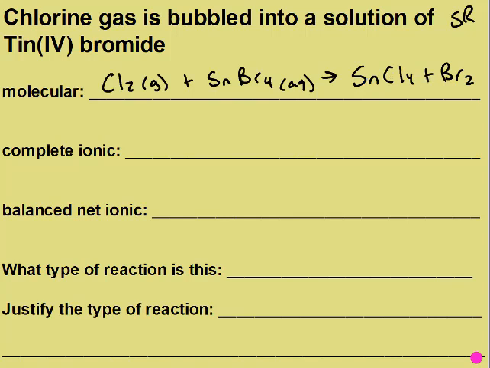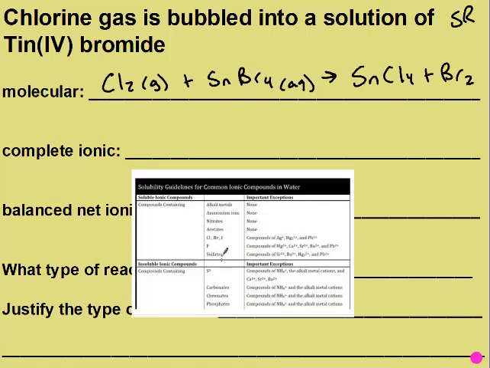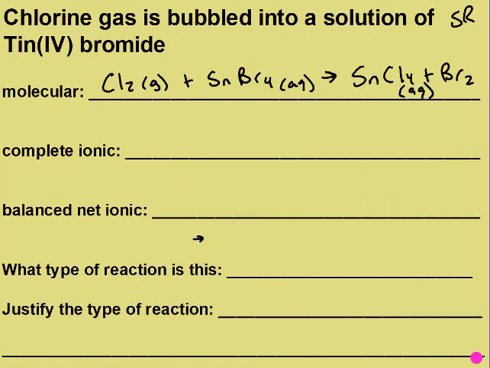Looking at our solubility rules, all chlorides are soluble unless it's with one of these three. Tin is not, so that should be aqueous. And then bromine is one of our diatomic gases. It could be a liquid, it could be a gas, depending on the temperature. We can just say that it's a gas. Regardless, it will stay together.